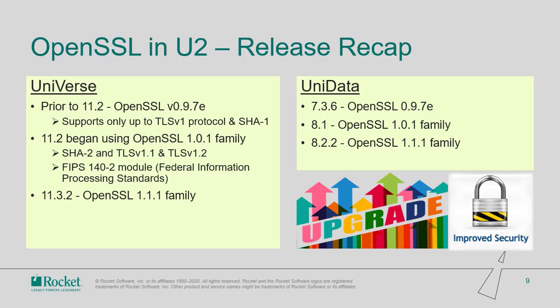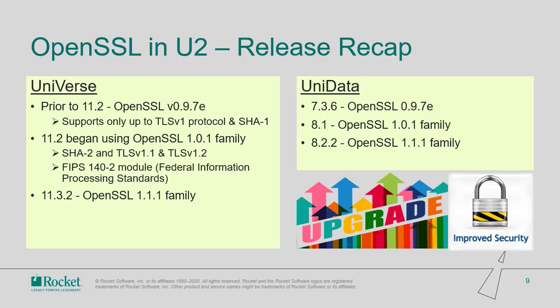At 11.2 we began using OpenSSL 1.0.1 as the family. That one introduced support for SHA-2 certificates and TLS 1.1 and 1.2 protocols. At 11.2 we also began support of a FIPS 140-2 module. That's, for those who don't know, Federal Information Processing Standards.